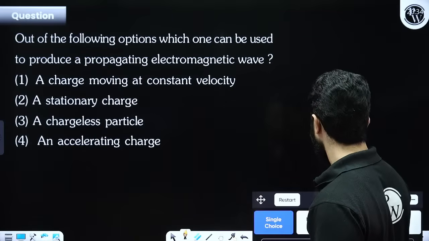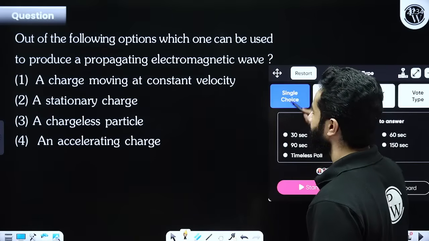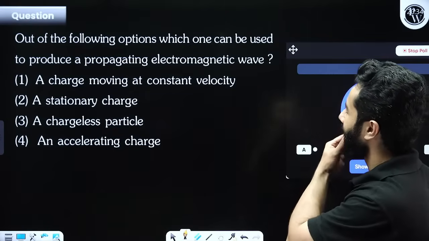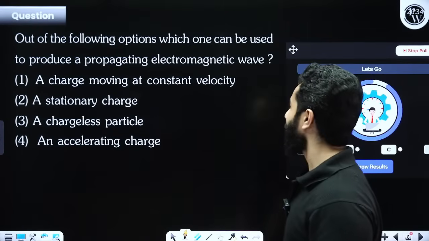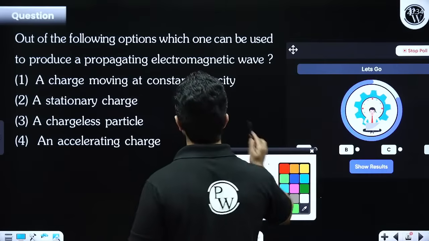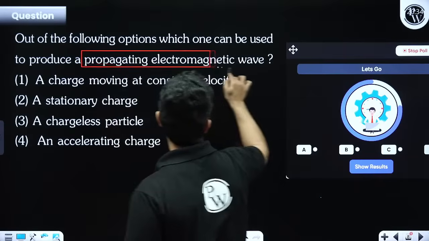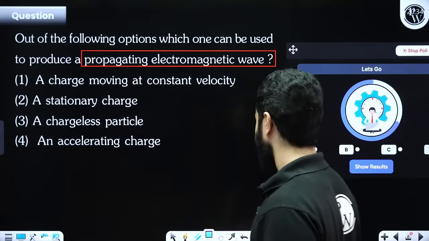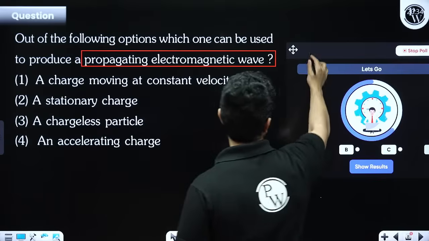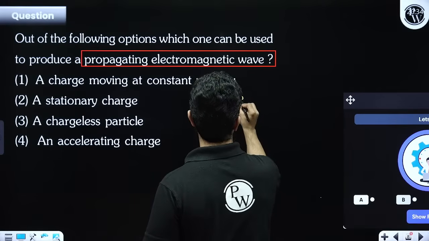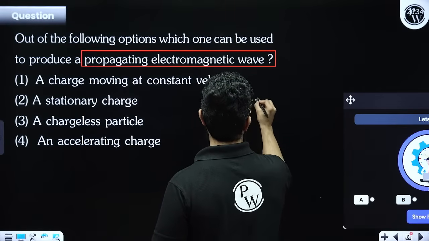30 seconds. No, chalo, 45 seconds. Out of the following options, which one can be used to produce a propagating electromagnetic wave? Propagating electromagnetic wave basically means they are talking about electromagnetic wave. So a charge moving at constant velocity, no. A charge moving at constant velocity will create electric field and magnetic field.